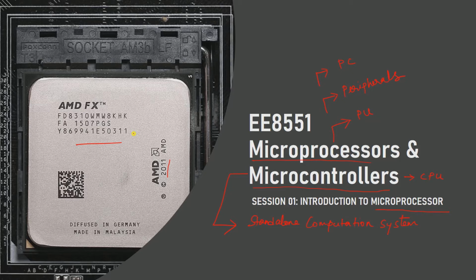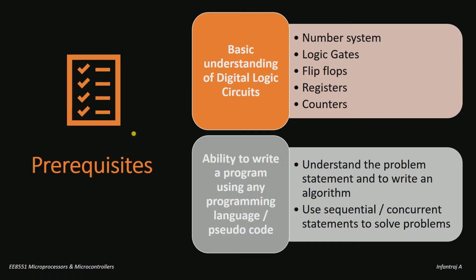Whatever peripherals are required for interaction will be interfaced with this microprocessor. So a microprocessor cannot operate as a standalone computation system. That's the basic difference between a microprocessor and a microcontroller. So with this basic idea, let's move forward.